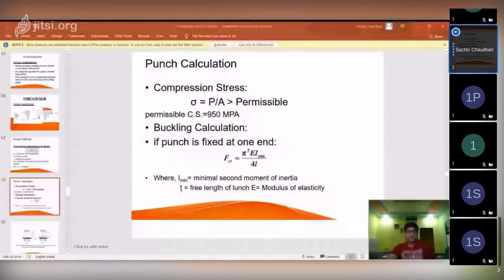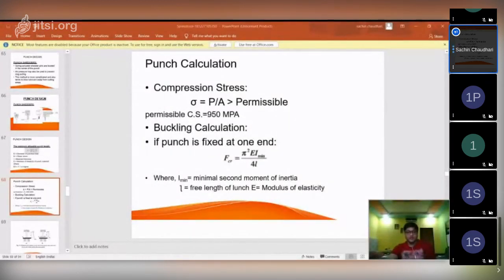This is also an important formula. In buckling, the critical force is the important parameter. There are two cases: one where the end of the punch is free, and another where your punch is guided with the help of a blank holder or a stripper.